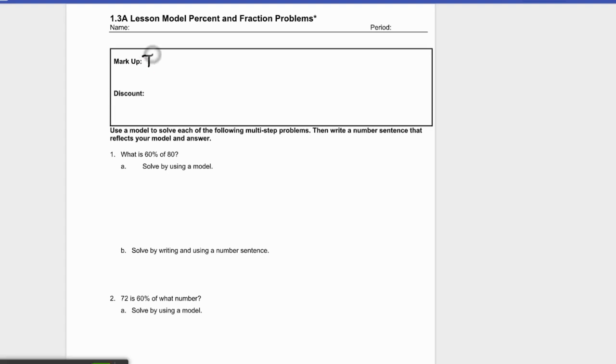So markup is the amount added to the cost of a price. Discount is the amount subtracted from the original cost.